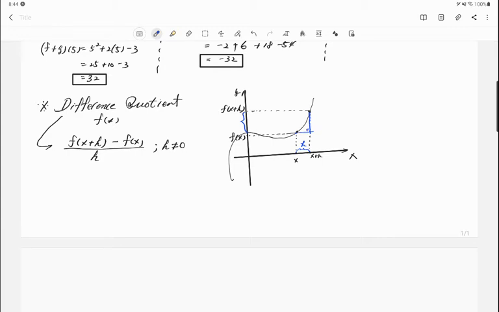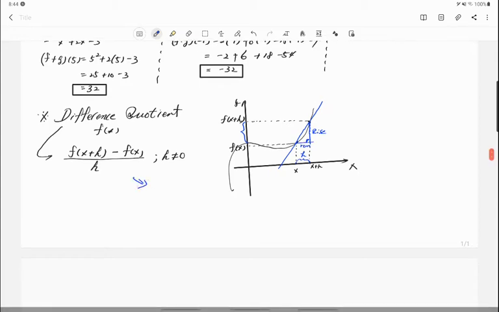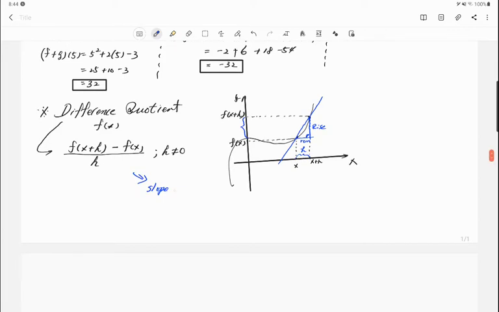And then this is rise, this is run. Rise over run, so that is a slope, right? So this is the slope between two points, one is x and the other one is h distance apart from x.